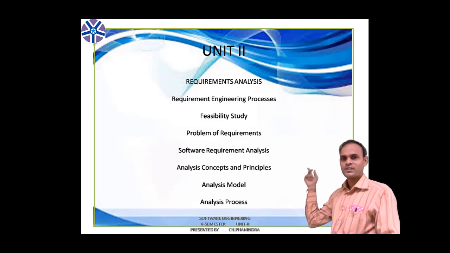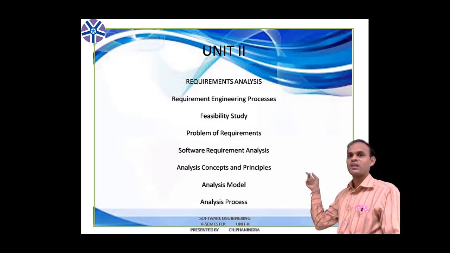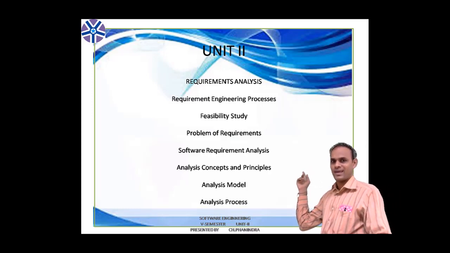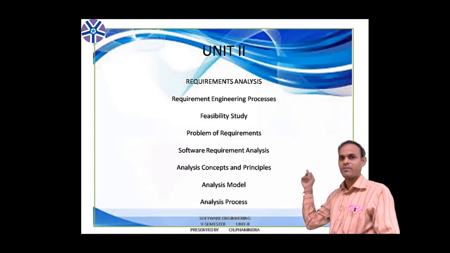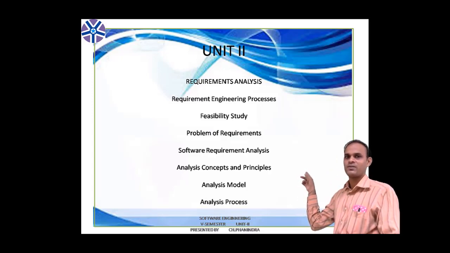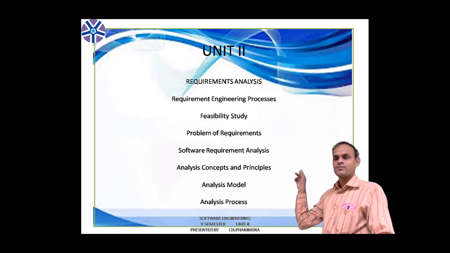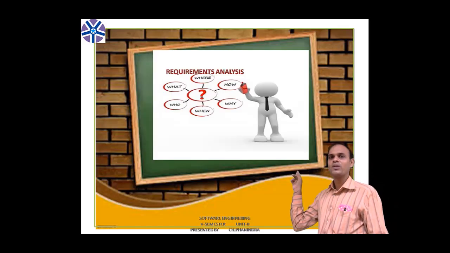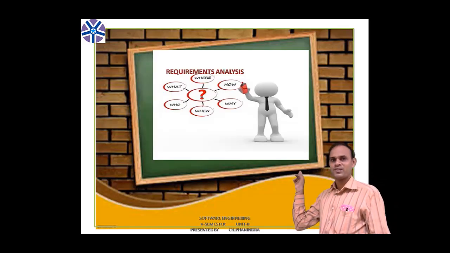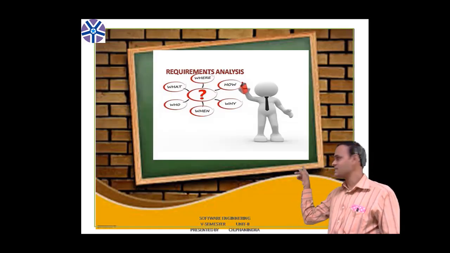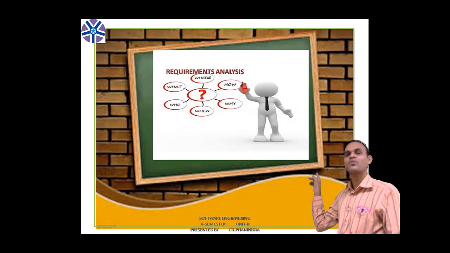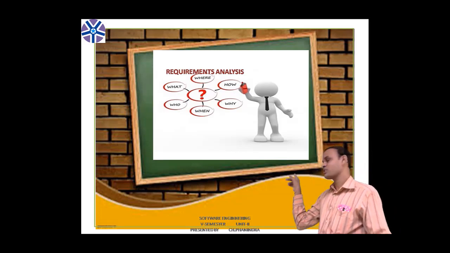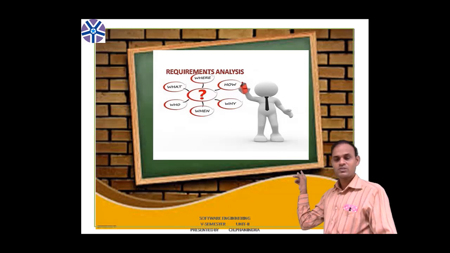So what is requirement analysis? How can you gather information? That is the purpose we are discussing requirement analysis. Generally we require some information. How can you define the information? It consists of 5 factors, called questionnaire marks.